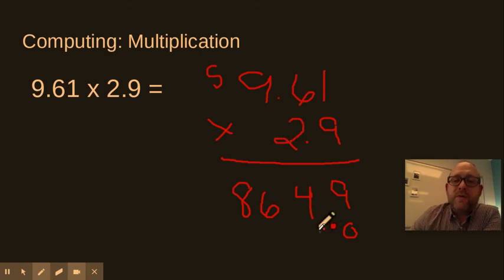2 times 1 will give me 2. 6 times 2 is 12. Carry the 1 up. 9 times 2 is 18, plus 1 gives me 19. Wait, no, hold on. I got to carry my 1 over here, don't I? 2 times 5 is 10, and 1 more is 11.